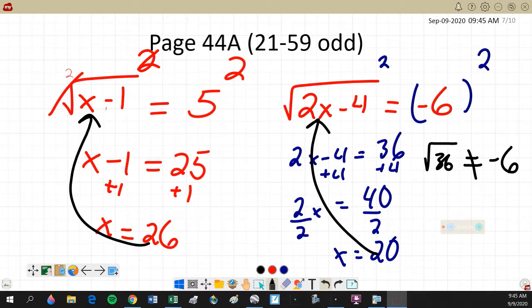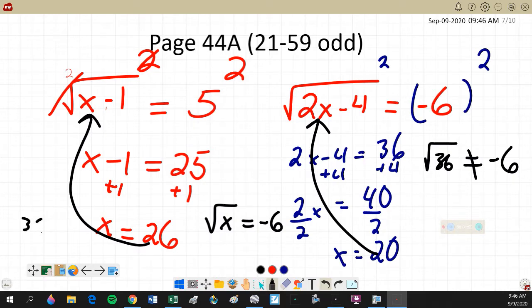Okay, let me simplify it down a little bit. What if I just had the square root of x equals negative 6? x would have to be... What value satisfies that? There isn't one. Right?